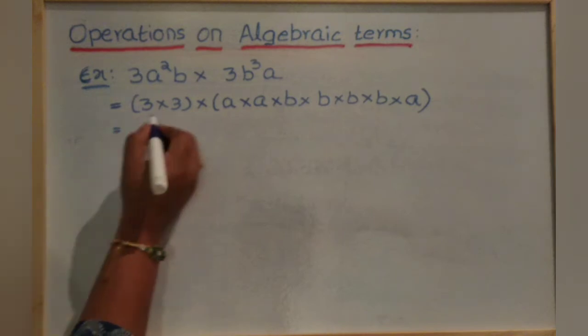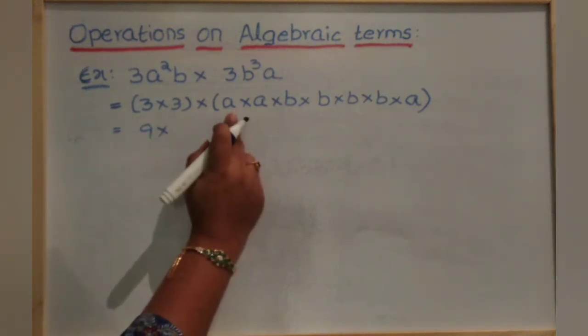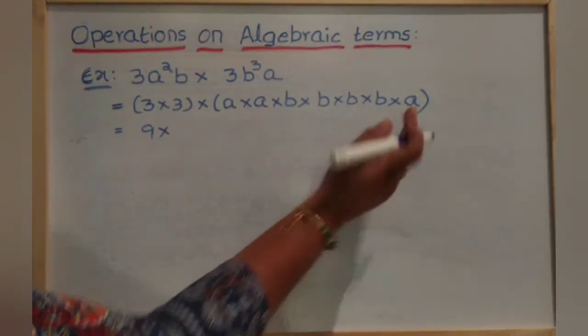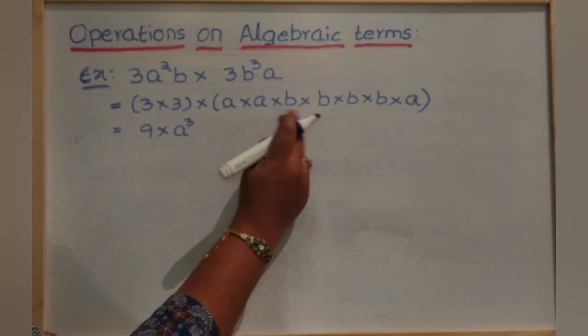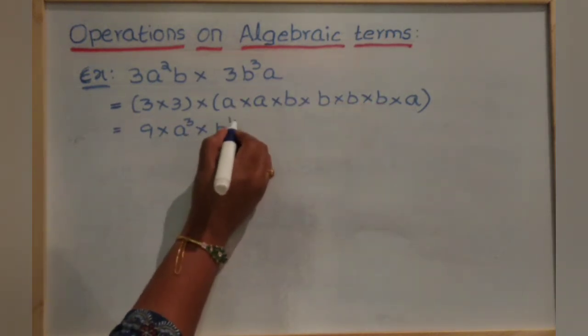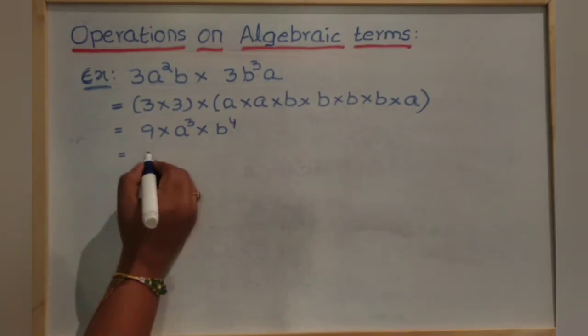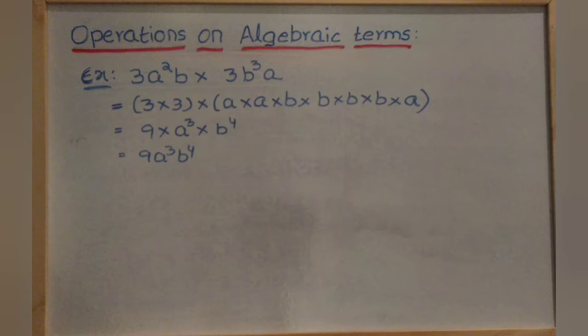That is equal to 3 into 3 is 9 into a into a into a, that is a to the power 3, b into b into b into b, b to the power 4. This can be written as 9a cube b to the power 4.